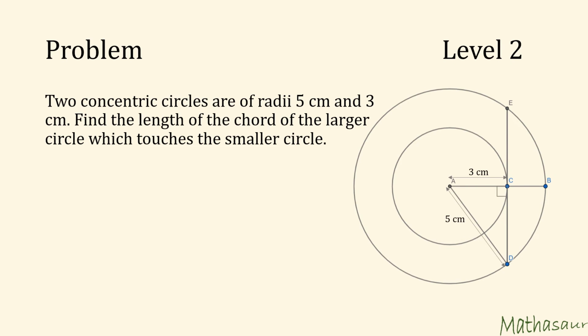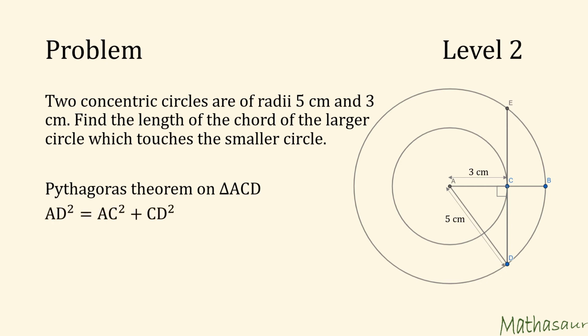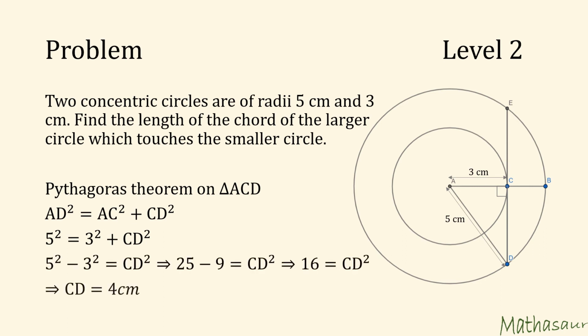Now this triangle would be a right triangle because AC is a radius and DE is a tangent at the point C. So we can easily use the Pythagoras theorem on triangle ACD. Let us substitute the values. And we find CD is equal to 4 centimeters.